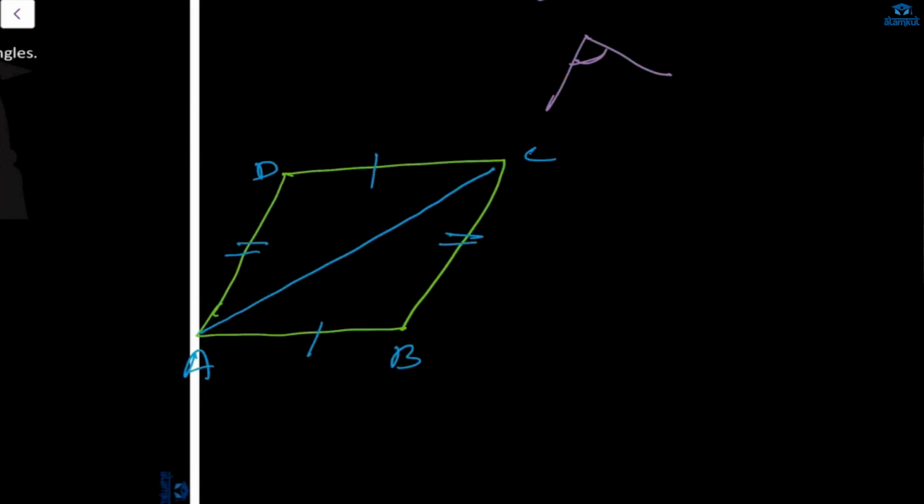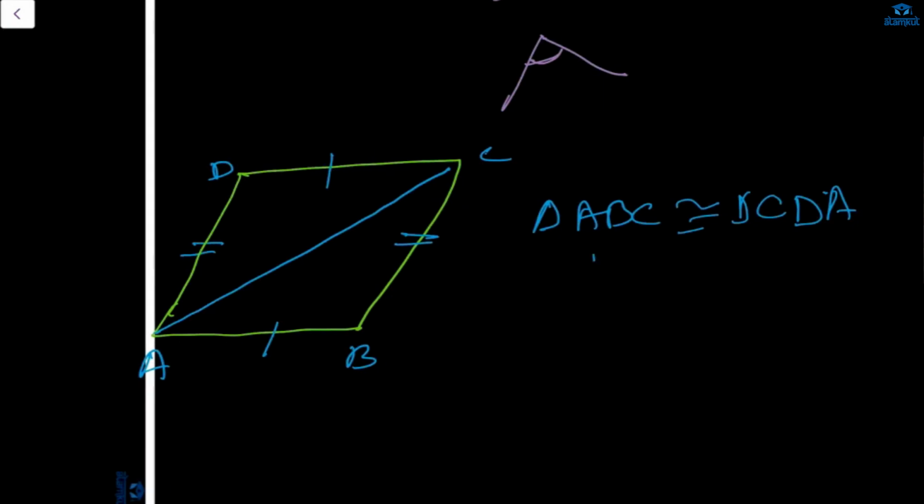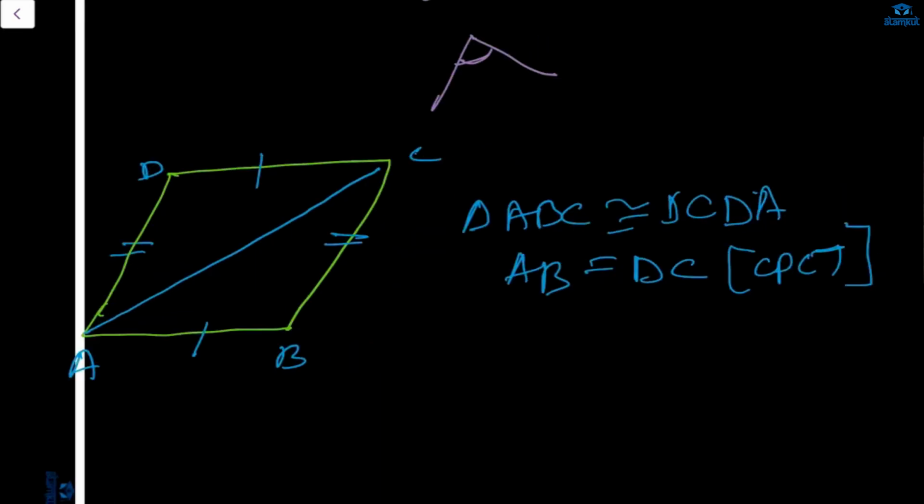Okay, so from this theorem, triangle ABC is congruent to triangle CDA. Therefore, AB is equal to DC from CPCT. Yes or no? Yes. And AD is equal to BC from CPCT.